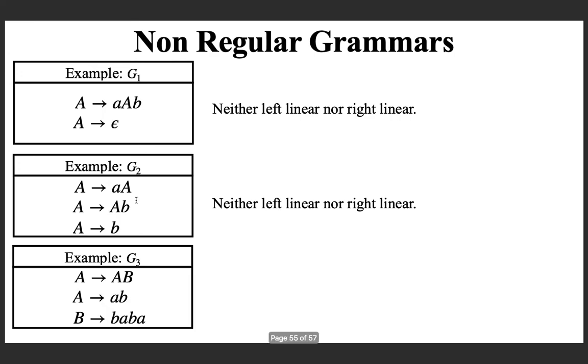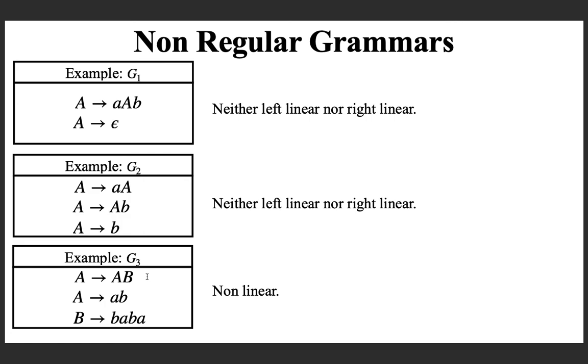In the last example, can you see why this grammar is not a regular grammar? Because it's not even a linear grammar, it's non-linear: in a linear grammar, a maximum of one variable is allowed in the RHS, but the first production's RHS contains two variables. So this is not even a linear grammar and hence cannot be a regular grammar.